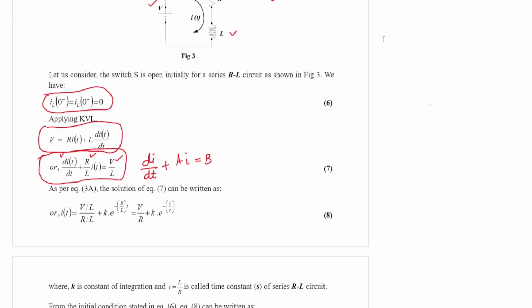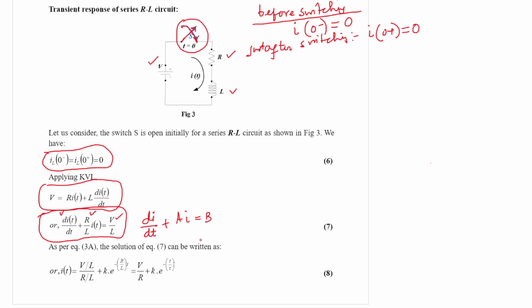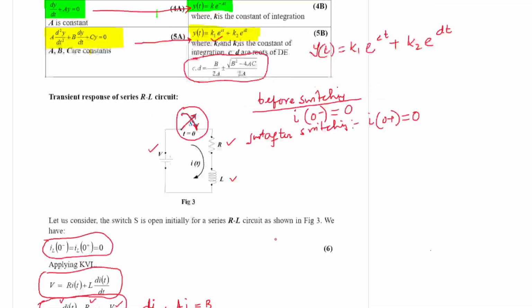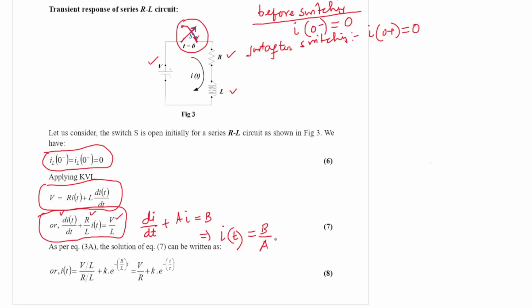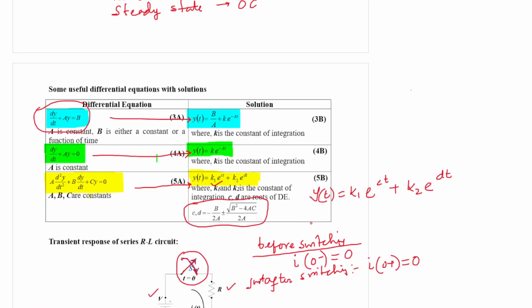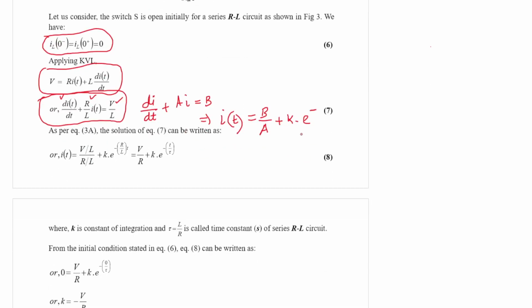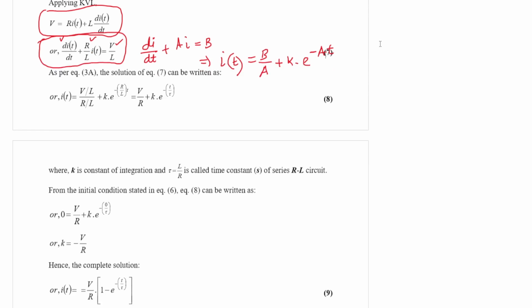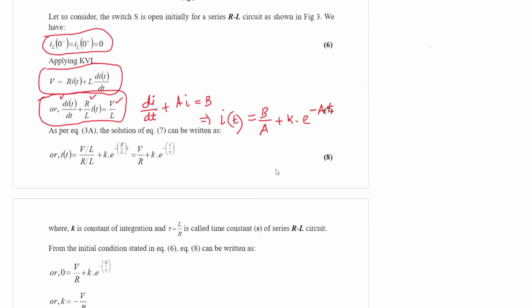The solution is i(t) is equal to B by A plus K into e to the power minus A t.